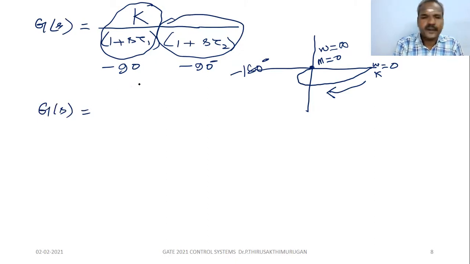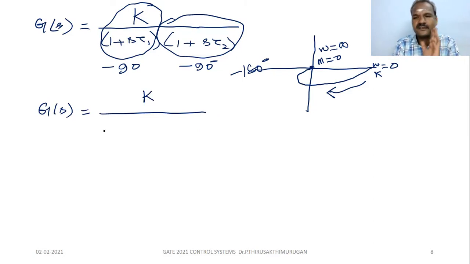If you add one more first order factor, the system is type 0. Type 0 means the polar plot starts at 0 degrees, and for every first order factor we have to add minus 90.